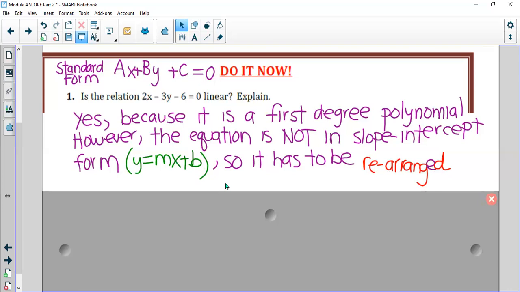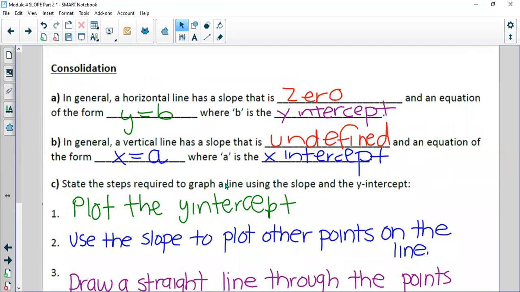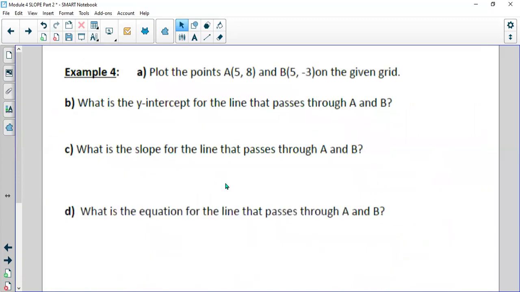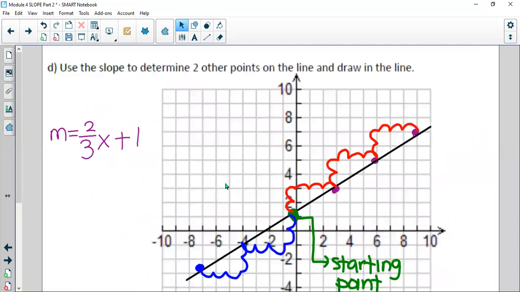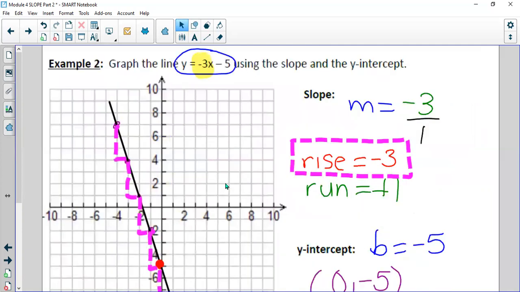Okay, so let me see what I have to backtrack into. So we learned before different topics about the slope, a horizontal line, a vertical line. And we did look at equations in y is equal to mx plus b form.